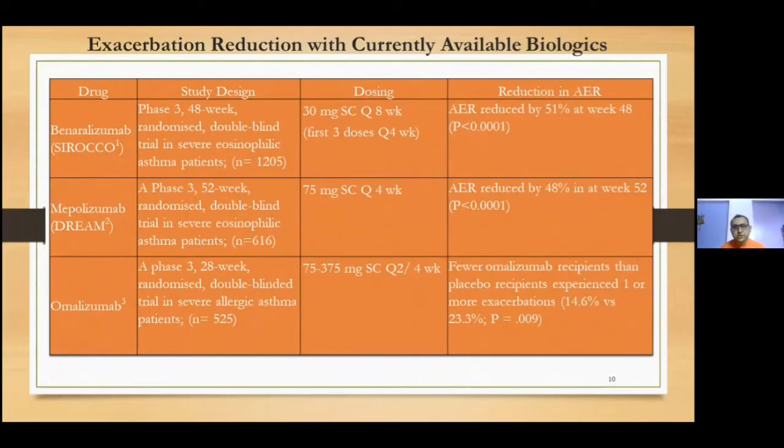Mepolizumab also reduced the acute exacerbation rate at 52 weeks, whereas with omalizumab, fewer omalizumab recipients than placebo recipients experienced one or more exacerbations. That means the result is 14.6% in the omalizumab arm, whereas the placebo arm has 23.3%. So there is a reduction of 9% in acute exacerbation rate.